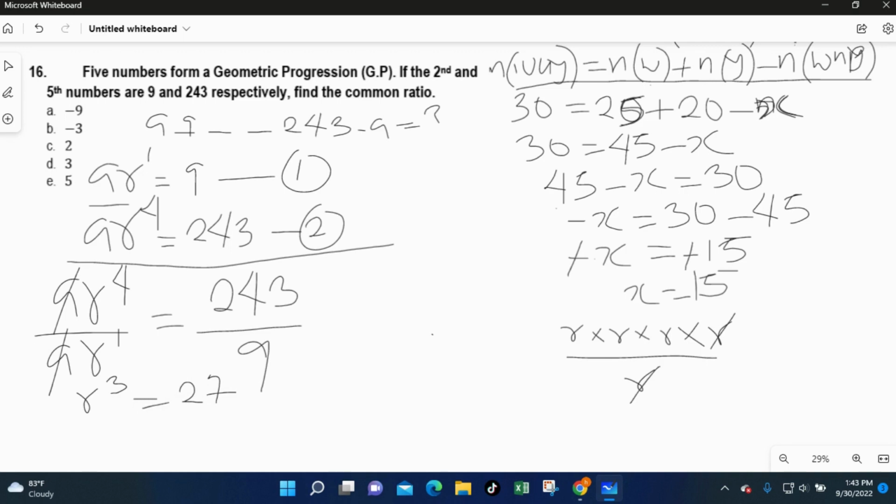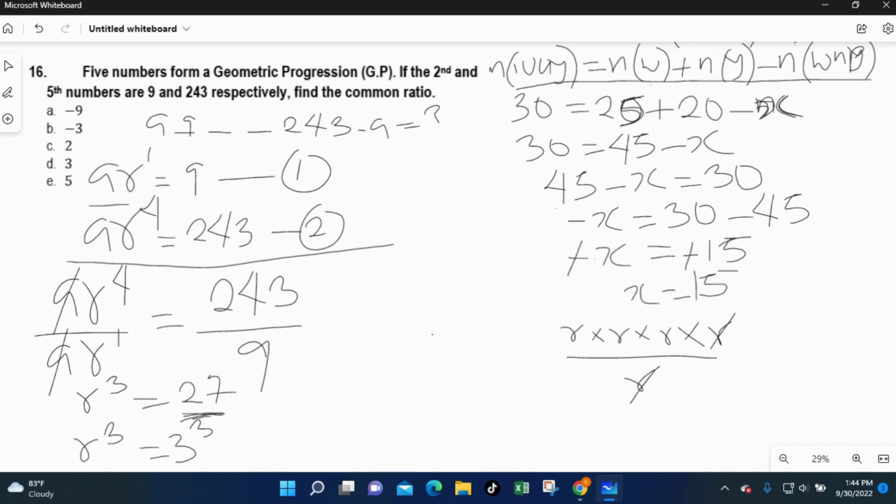So the main thing we need to do now is to simplify this. What can we raise to power 3 that will give us 27? That will give us 3 raised to power 3, because 3 times 3 is 9, and 9 times 3 is 27. So we'll have R raised to power 3 equal to 3 raised to power 3.